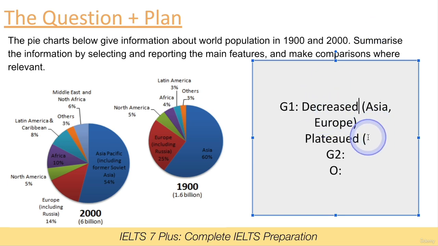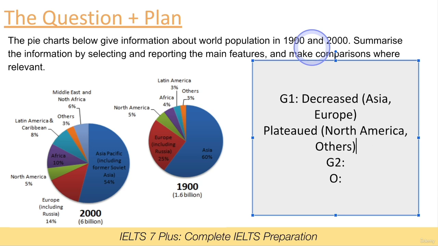We'll put decreased, plateaued. And let's think about North America and others. Now, we don't know what others consists of, what it comprises, and it's not our place to think what that could be.